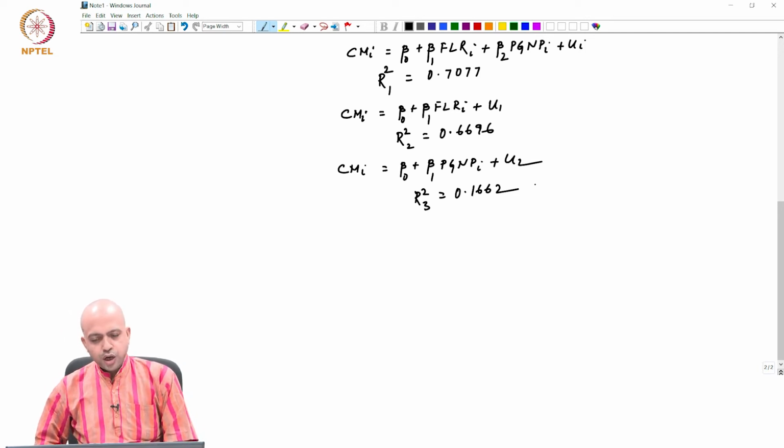Okay. Now, in the complete model, the R square value is 0.7077.